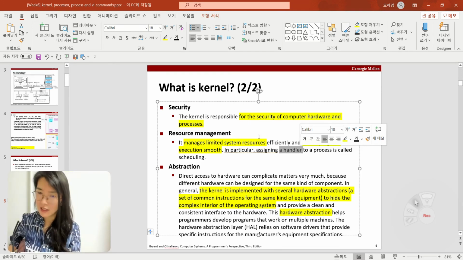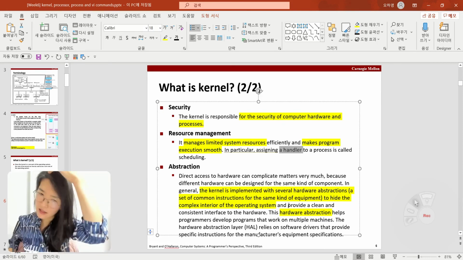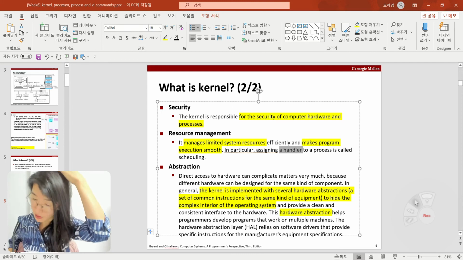In general, kernel is implemented with several hardware abstractions, such as a set of common instructions for the same kinds of equipment. The kernel tried best to hide the complex interior of the operating system and provide a clean and consistent interface to the hardware.